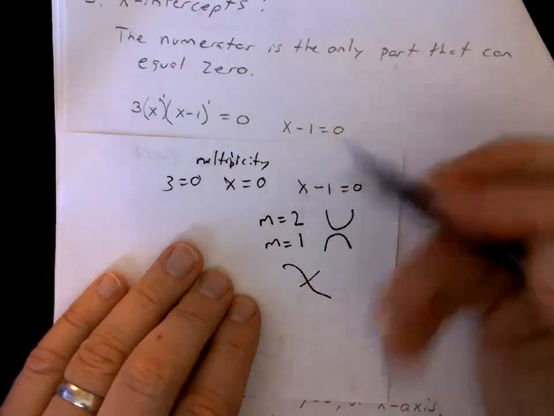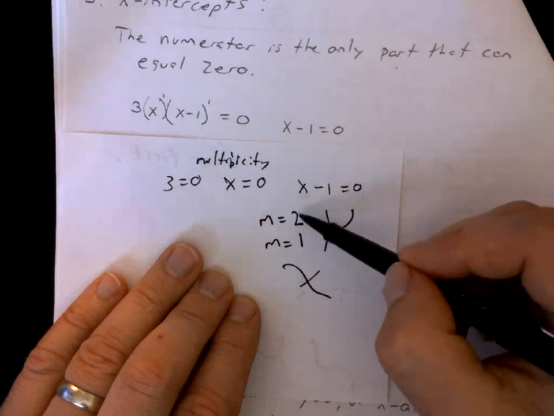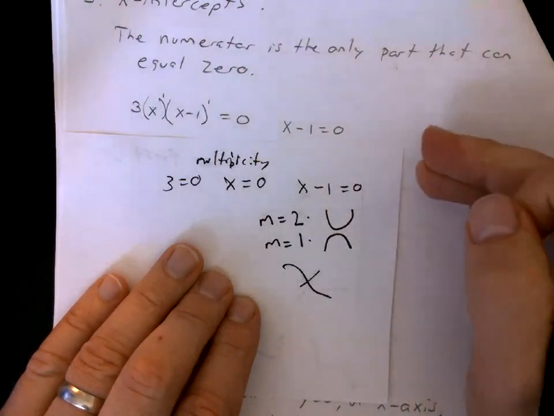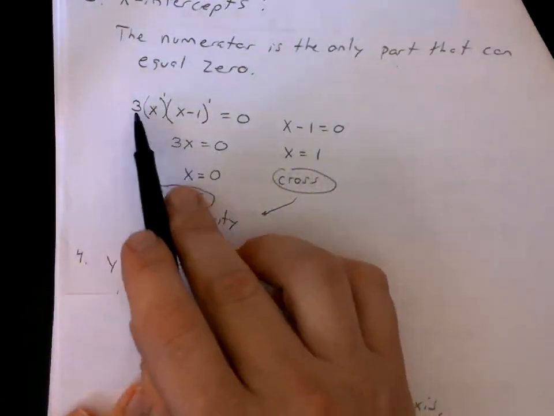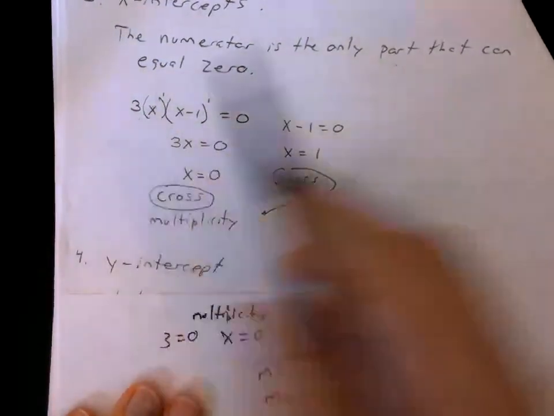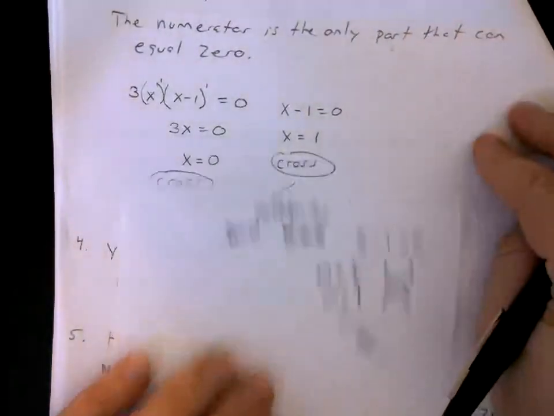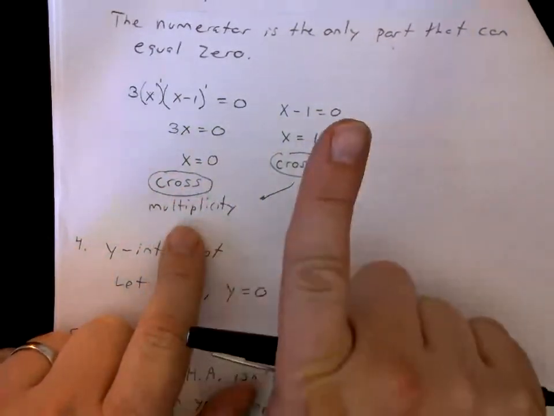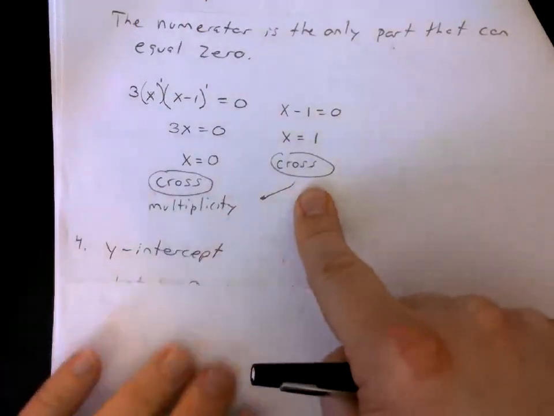So multiplicity tells you whether it's a bounce or a through, and that happens at an even or an odd. So this one, 3x equals 0, is what we call a cross, multiplicity of 1. So that's a cross. This is also a cross.